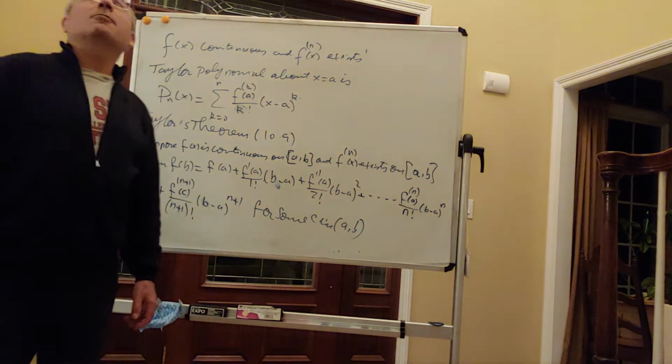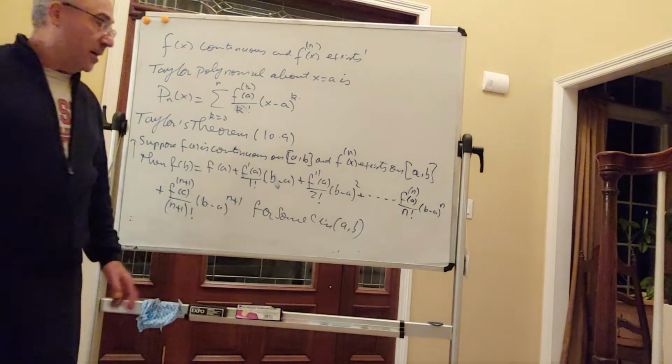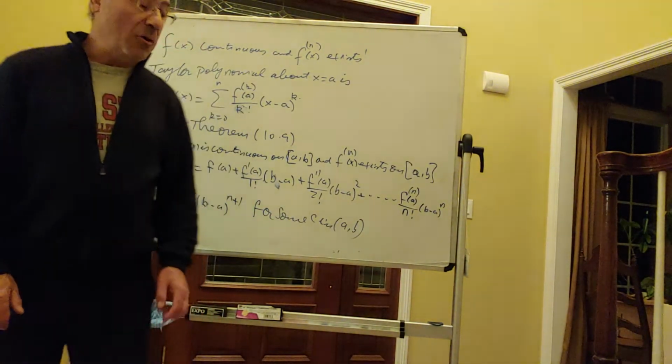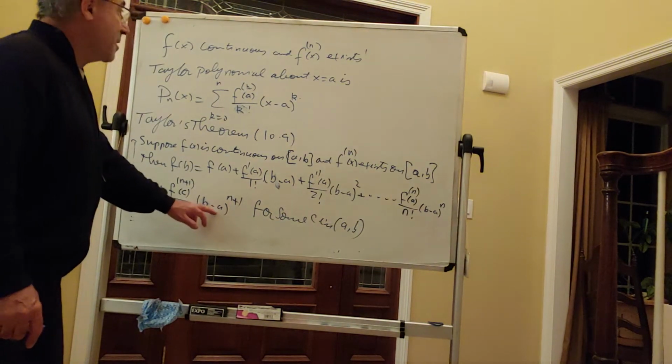So this is what Taylor polynomials say. This is going to be the R_n.